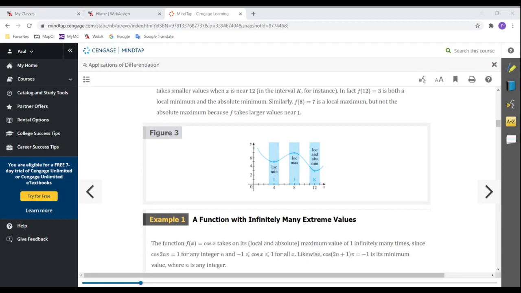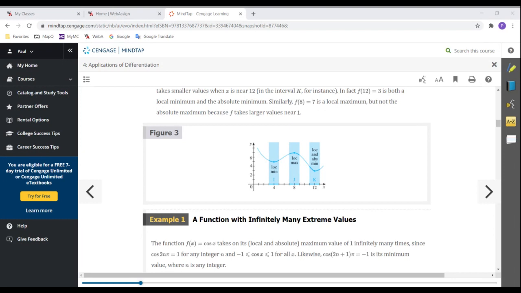There's a theorem called Fermat's theorem that states that if you have a local maximum or minimum, then the slope, or the derivative, at the value of the local max or minimum has to be 0. At local maxes and local minimums, the tangent lines are going to be flat. It has to be. Just think about it.